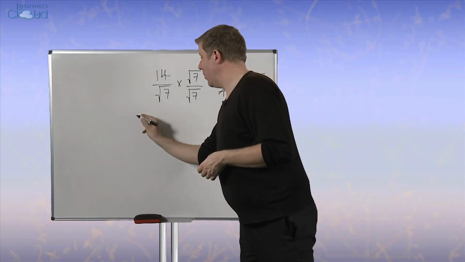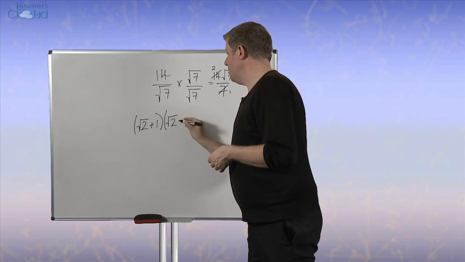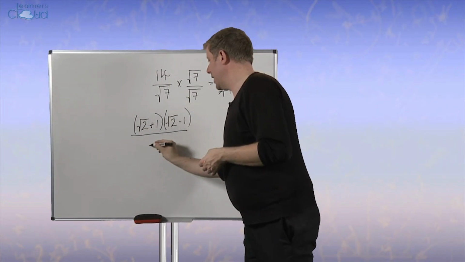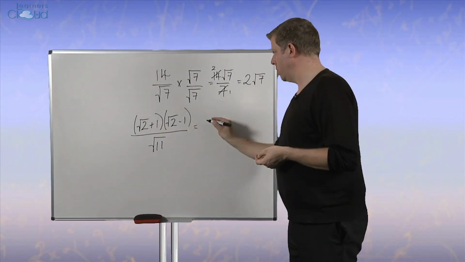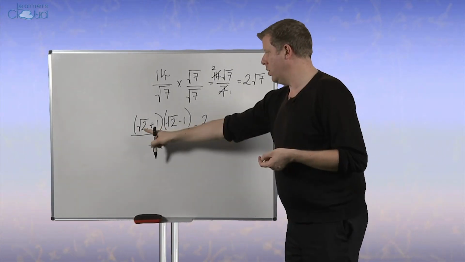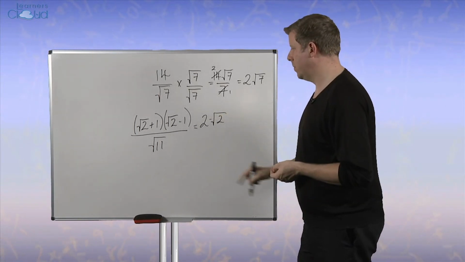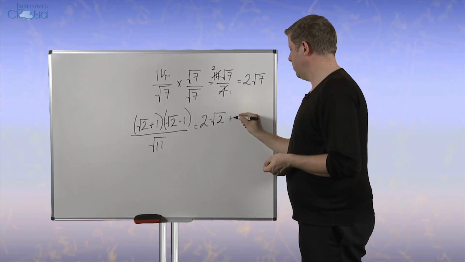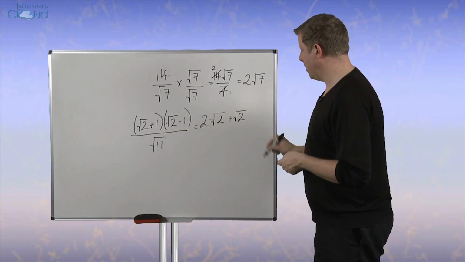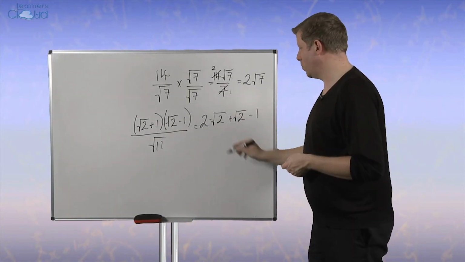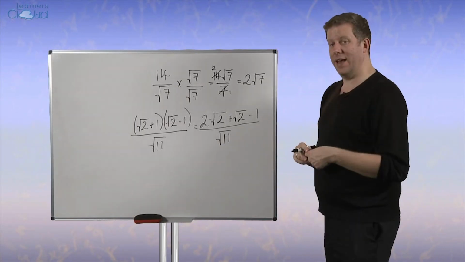Now when we multiply out, which we're going to do before we do anything else, remember how we multiply out and simplify our pair of brackets. √2 multiplied by √2 gives us 2. √2 times minus 1 gives minus root 2, 1 multiplied by root 2 gives plus root 2, and plus 1 multiplied by minus 1 gives me minus 1. And that all, remember, is still over the square root of 11.